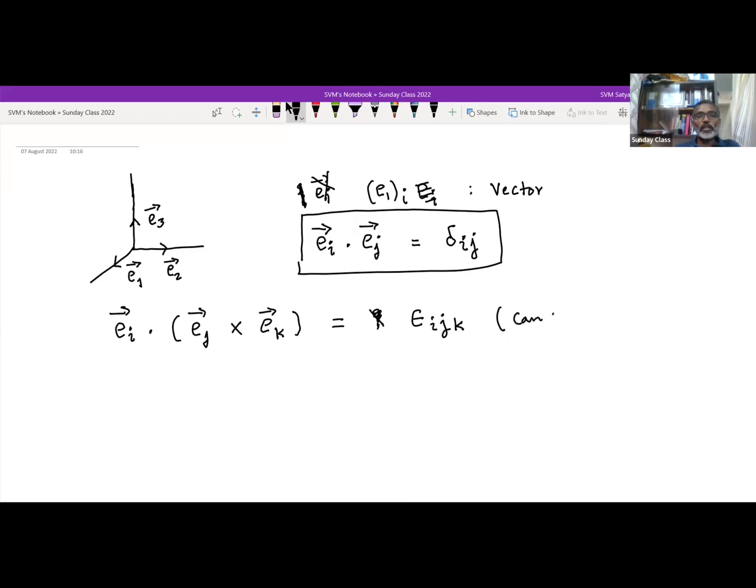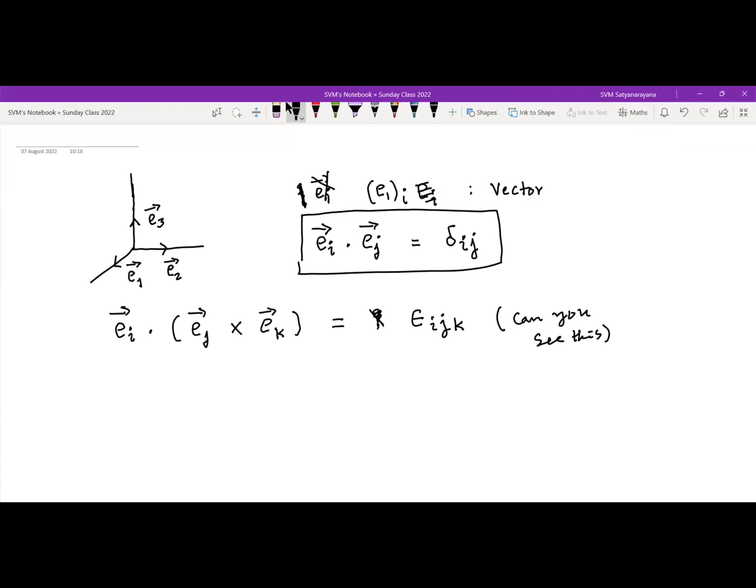My question is, can you see this? Yes, sir. We get a vector, then with the dot product we get a scalar quantity. Okay. So now, for example, you have epsilon 1, 2, 3. What is epsilon 1, 2, 3?